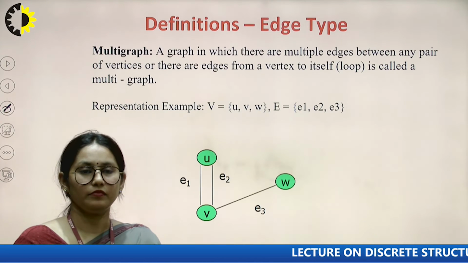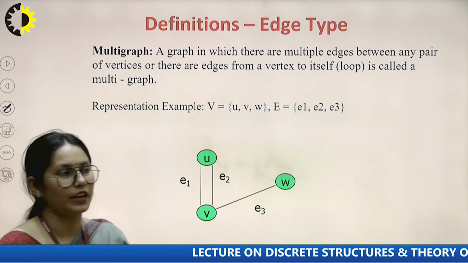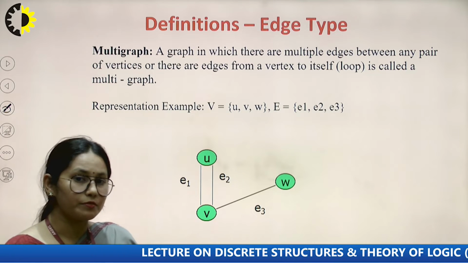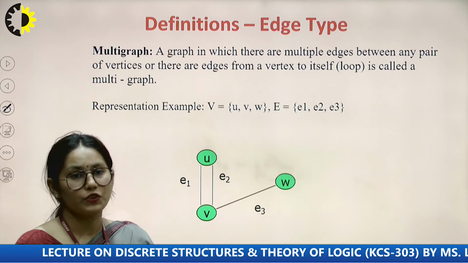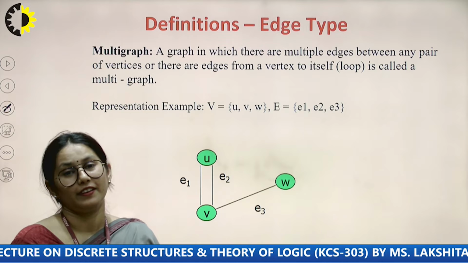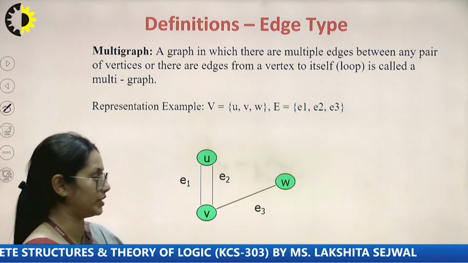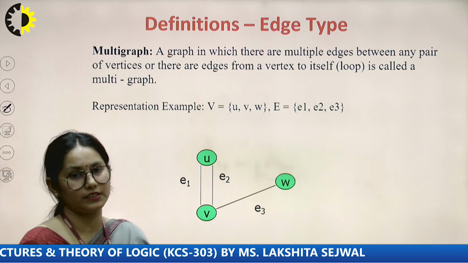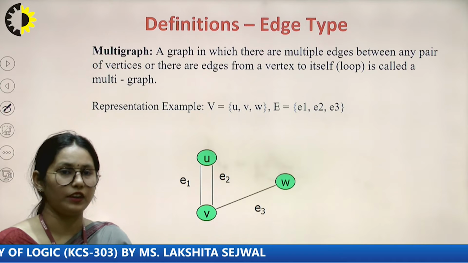Fine. Now next is the multigraph. When I talk about a simple graph, vertices are connected with only 1 edge, but in a multigraph there are multiple edges available between 2 vertices. In these 2 vertices, U and V, you can see there are 2 edges, E1 and E2, present.